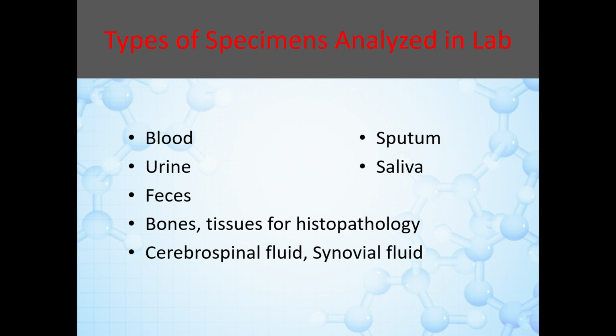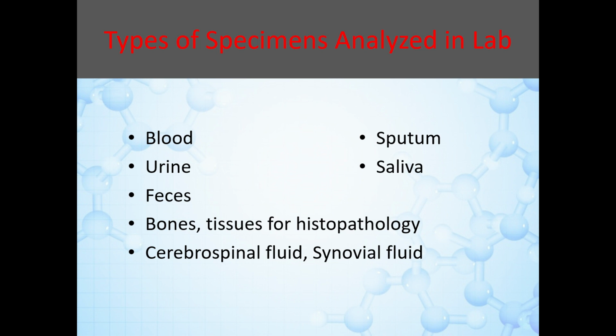Then for urogenital diseases or certain other diseases, or if you want to monitor your treatment, like in a diabetic patient, you also send a urine sample. You want to see if a patient is responding well to the treatment or not, if he's having glucose in urine or not. Then we send saliva for diagnosing certain diseases.